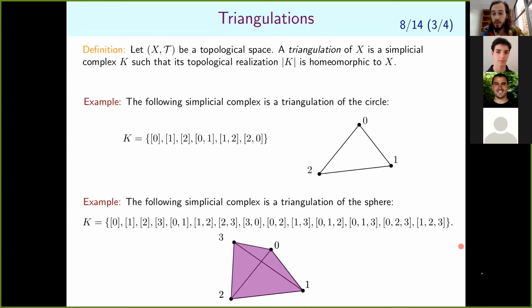Recall that the equivalence relation that allows you to retract something onto a point is the homotopy equivalence relation. The homeomorphism equivalence relation does not allow you to retract objects. So if you were to add the simplex 0, 1, 2, 3, you would obtain a closed ball of dimension 3.